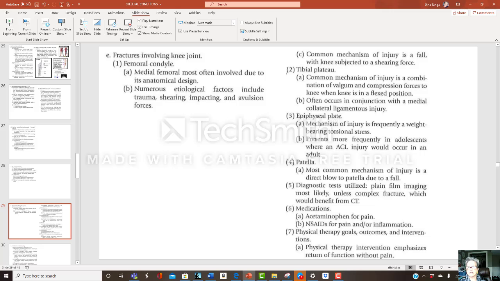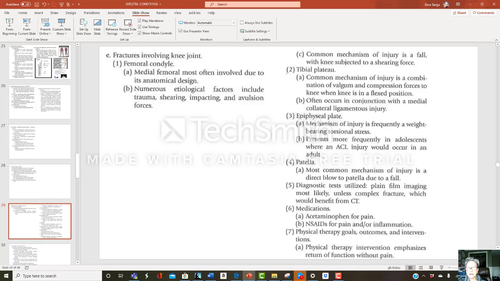Often occurs in conjunction with an MCL injury. Epiphyseal plate: the mechanism of injury is frequently a weight-bearing torsional stress. Presents more frequently in adolescents, where an ACL injury would occur in an adult.